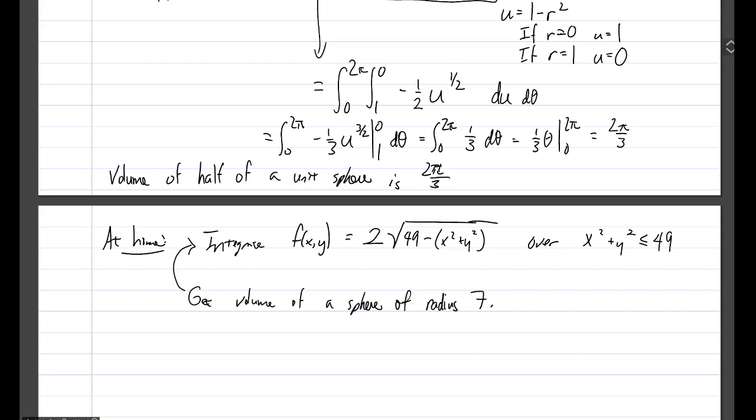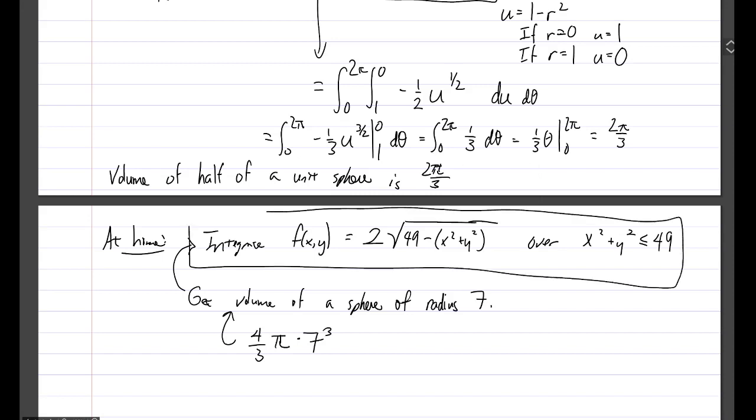So you should work that out and see, just based on standard geometry volume formulas, this would really be 4/3 pi r cubed. So 4/3 times pi times 7 cubed. And so see if just writing out what this should be and then doing a double integral in polar coordinates, in the end, do you really actually get this number?